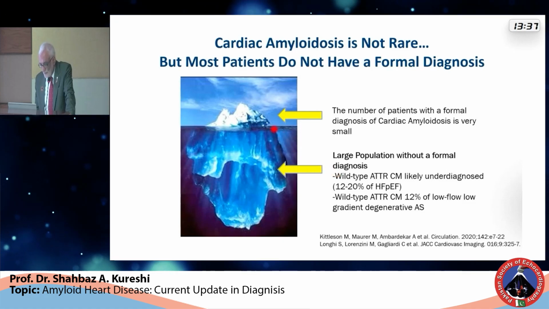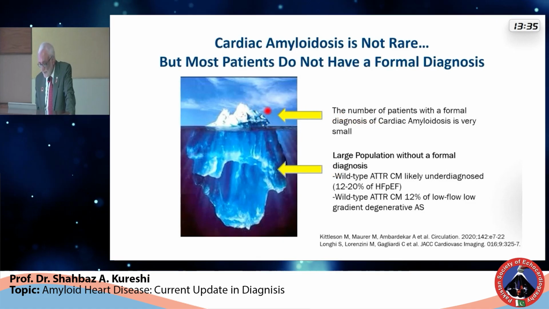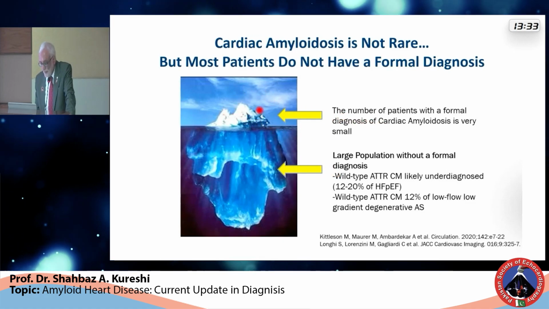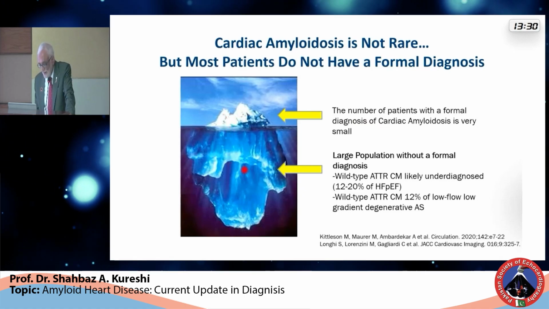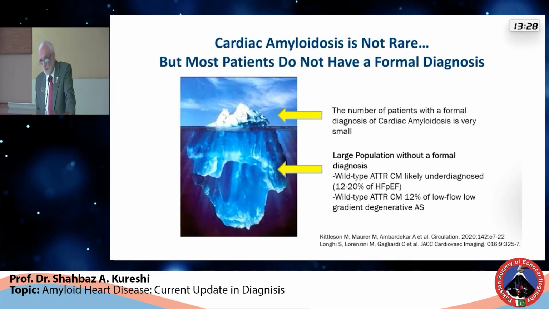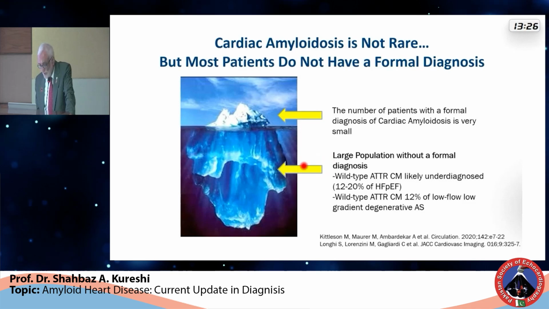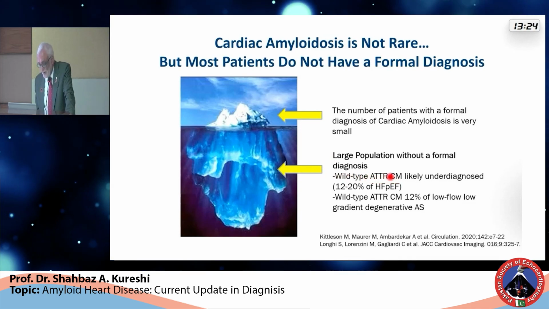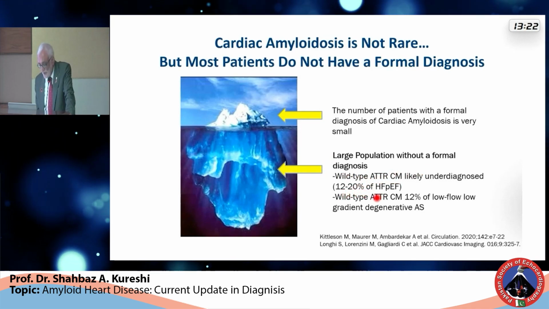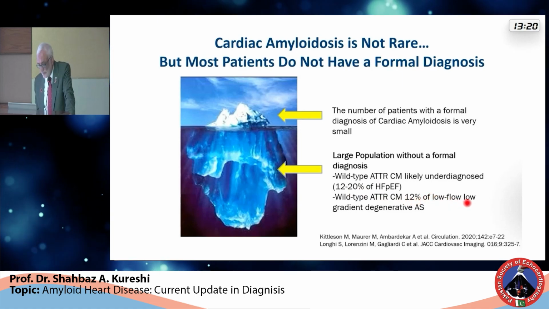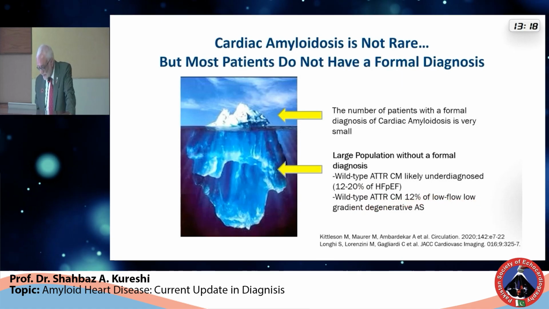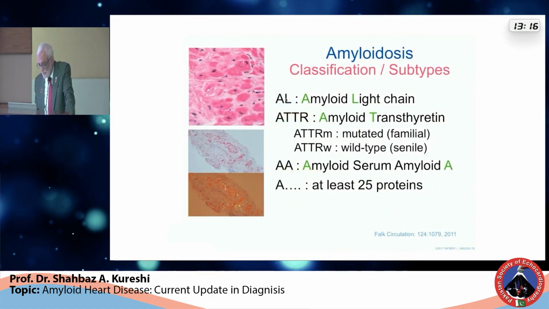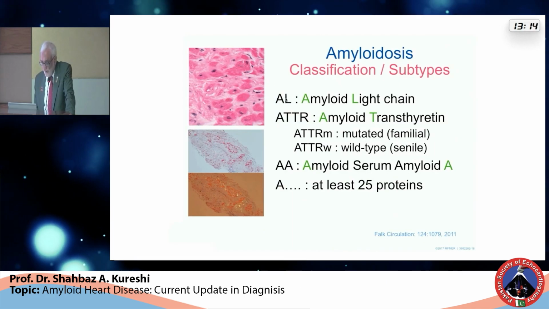The number of patients with a formal diagnosis of cardiac amyloidosis is very small, and there is a large population without a formal diagnosis. It could be wild type ATTR-CM, which is seen in 12% of low-flow, low-gradient degenerative aortic stenosis.